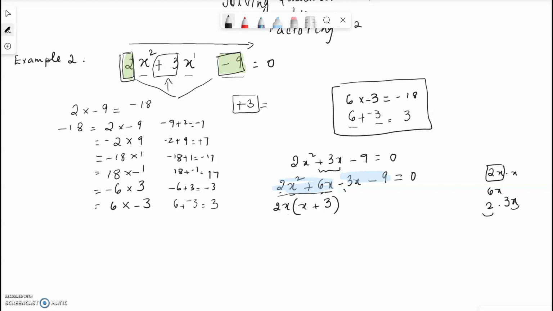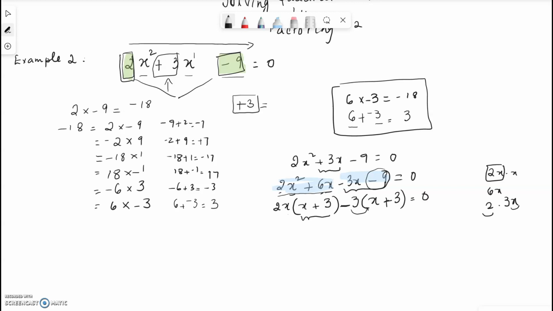Now we have to factor the second two terms, making sure that x plus 3 is a factor. So we need to factor out a -3. That's the only common factor, but make sure it's a negative. So that way, what's left over is an x, because -3 times x is a -3x. And when you factor out a -3 from -9, you're left with a +3, because -3 times +3 is a -9.